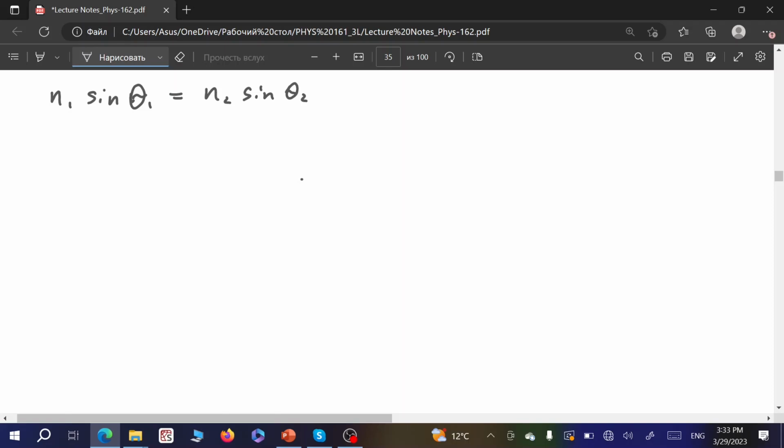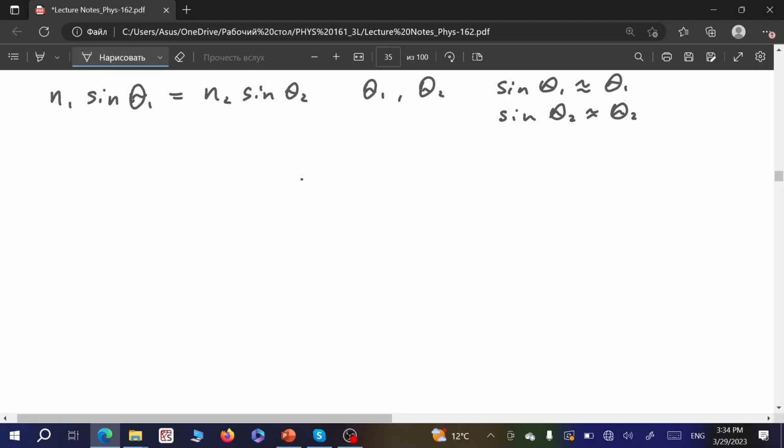So now, if we consider a very small incident angle, so θ1 is small, then obviously θ2 will also be small. So we can write that sin θ1 is approximately equal to θ1. Sin θ2 will also be approximately equal to θ2.